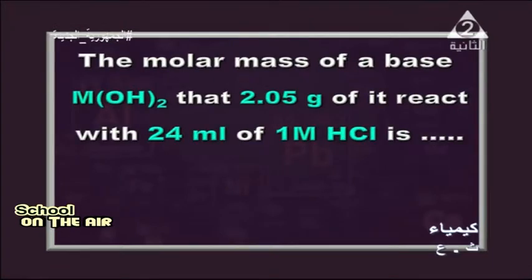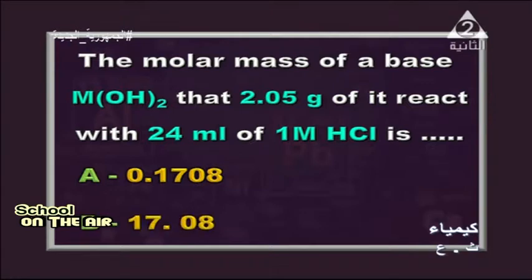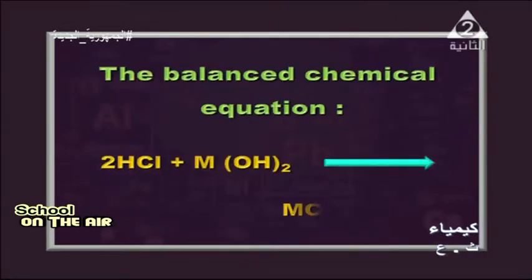Next problem. Find the molar mass of a base M(OH)2, given that 2.05 gram of it reacts with 24 milliliter of 1 molar hydrochloric acid. What is the correct answer here? Is it A? The chemical equation of the acid with the base M(OH)2 gives the salt MCl2, where M is an unknown element, and 2 water.